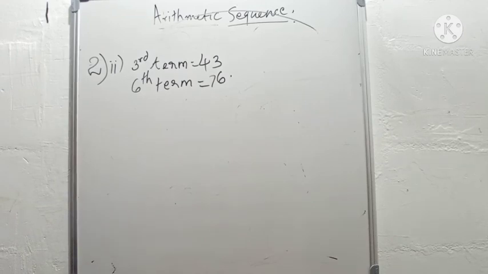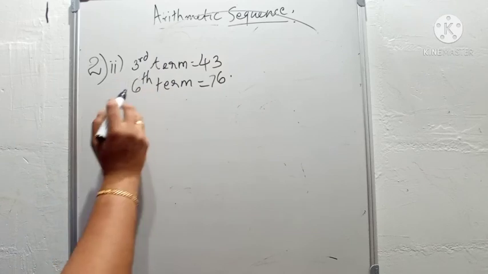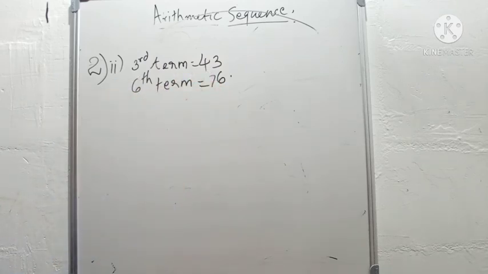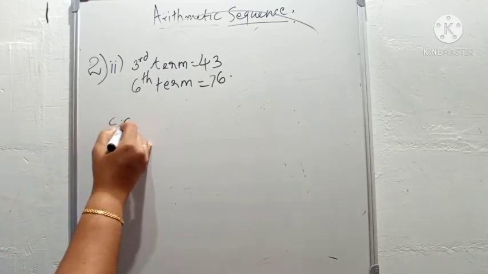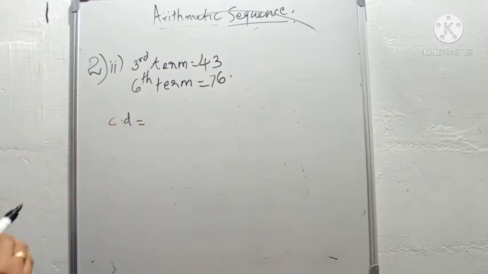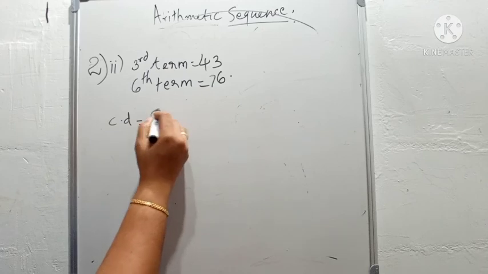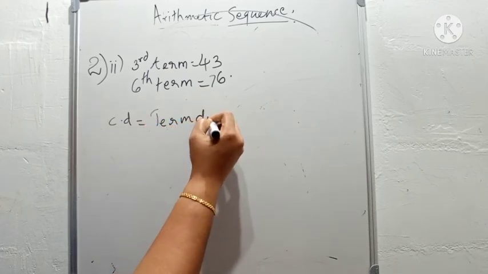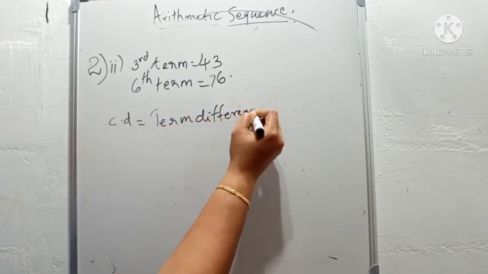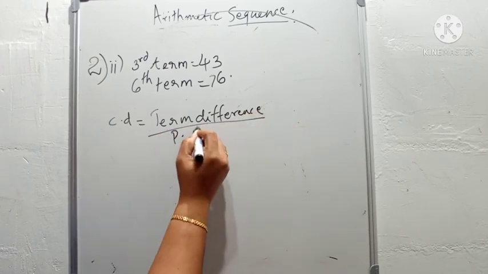Next, the second sub question of the second question: the third term is 43 and the sixth term is 76. What is our first step? First we need to find the common difference. Common difference is equal to term difference by position difference.